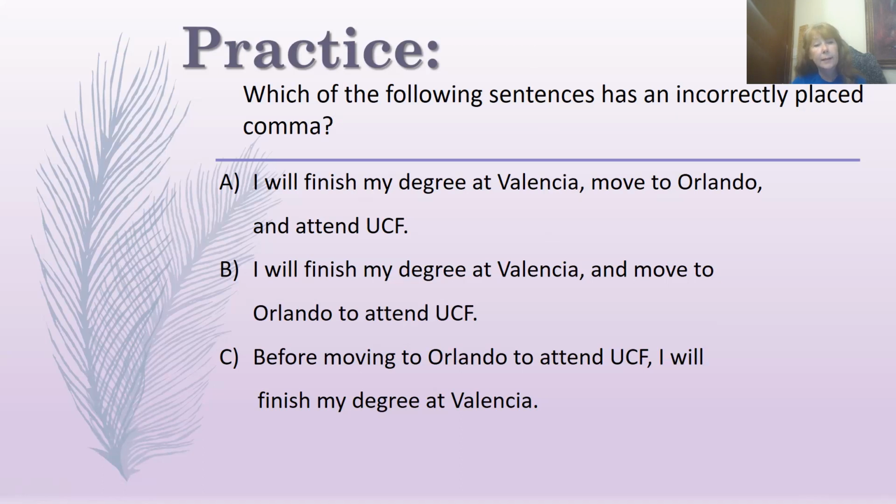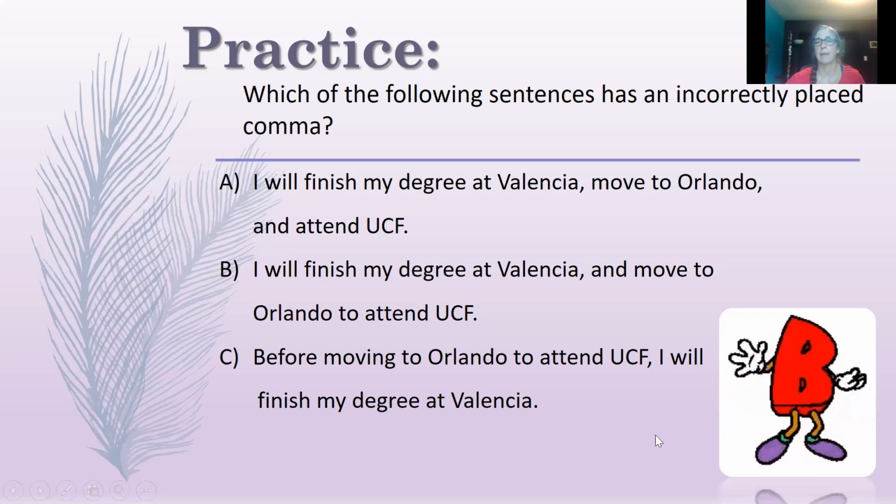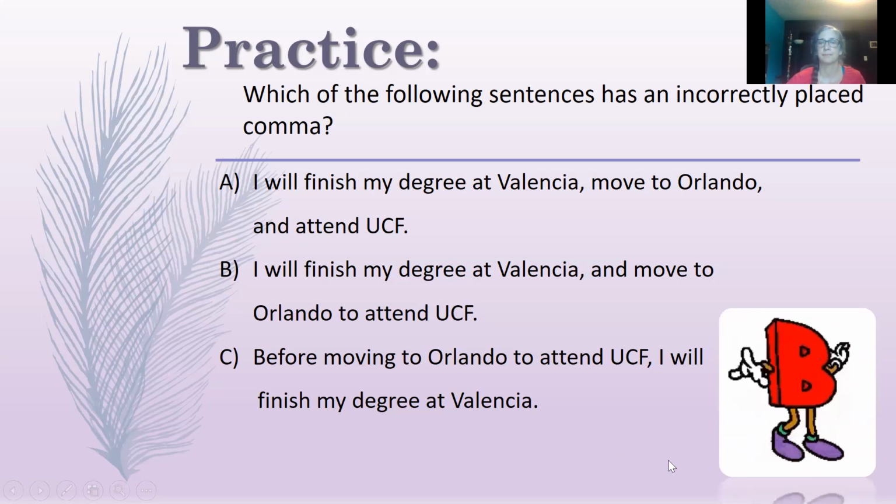Ooh, that's a hard one. I think B. B is incorrect. And what makes it incorrect? Well, if you put the comma before and, in this case, it's not a list, so it has to be an independent clause, and it's not an independent clause. Very good, Joey. Very good. And you are absolutely correct. Woohoo.